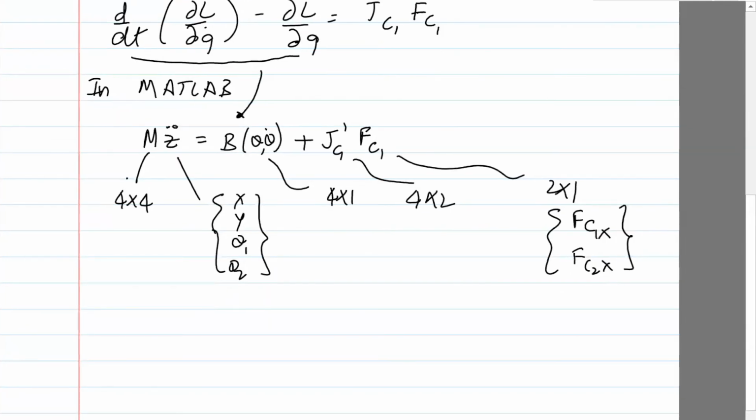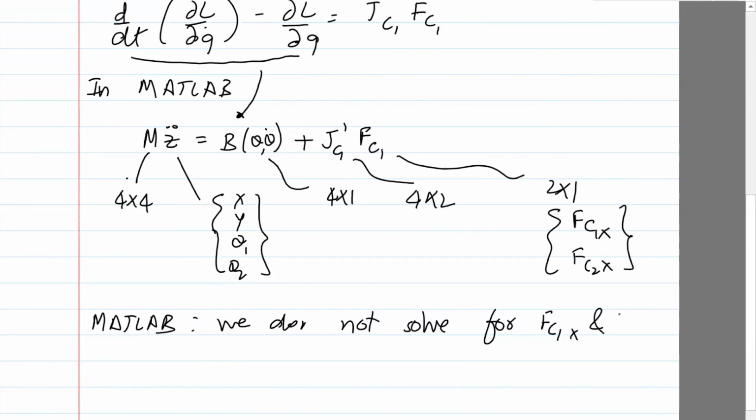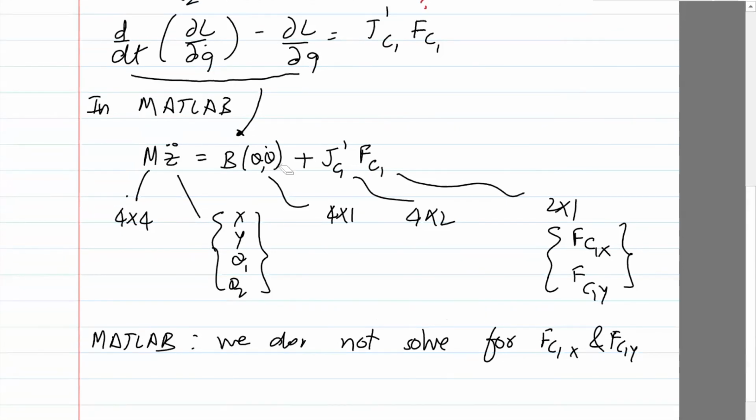So what we end up doing, and I'll show this in Matlab, is we do not solve for Fc1x and Fc1y. This should be C1y, sorry. So what was that? Is that theta 1 dot or theta 2 dot?